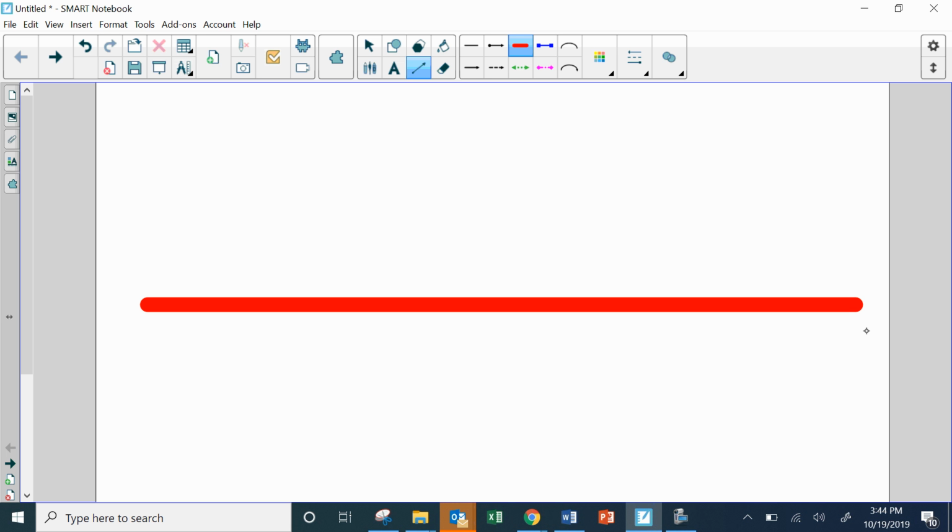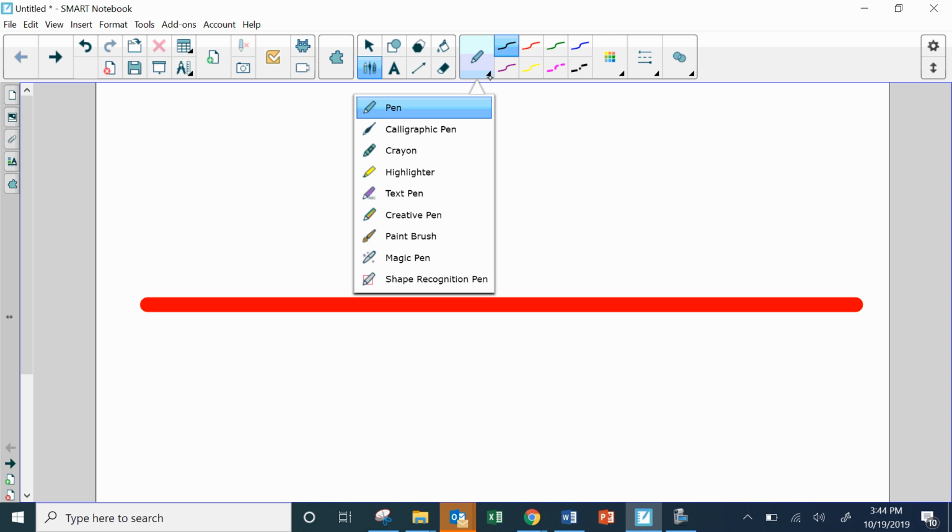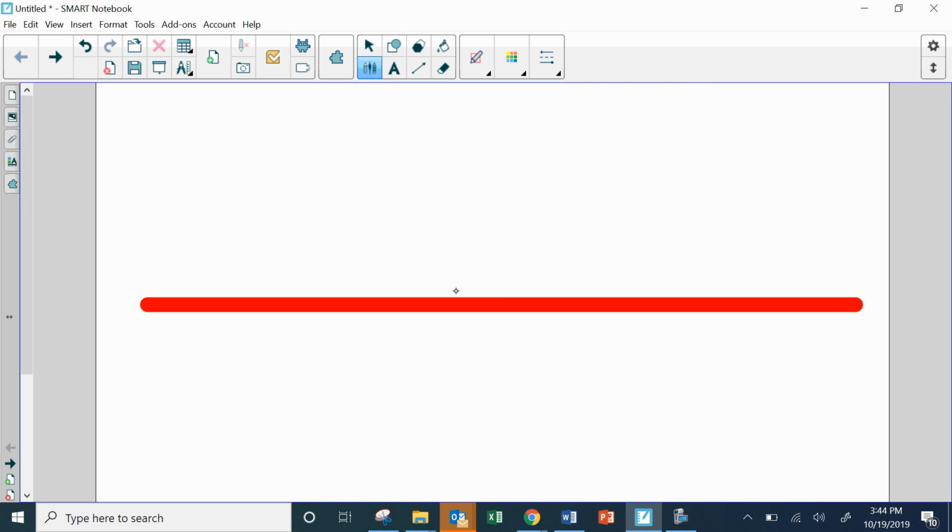So for example, let's say my fulcrum, which is normally a little triangle. Let's say the fulcrum is way over here.